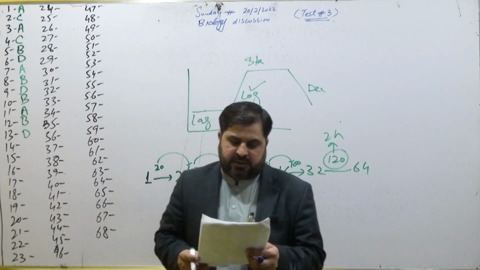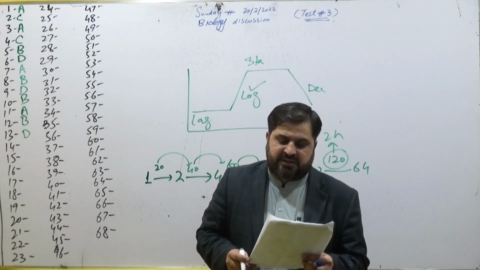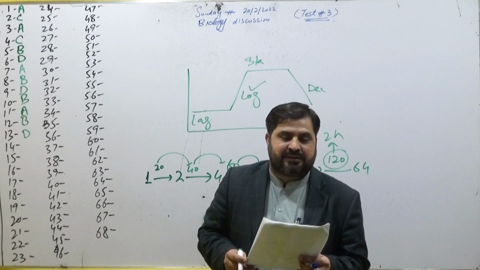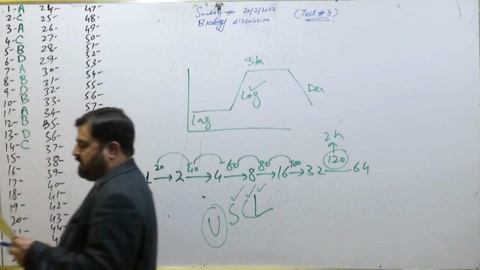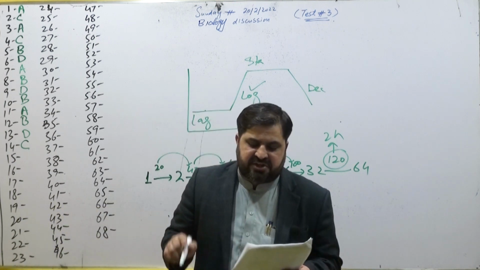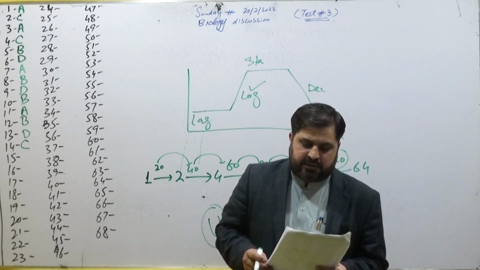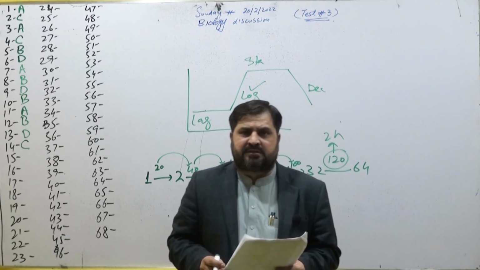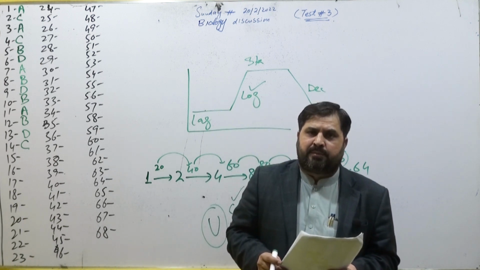Coming toward MCQ number 14: which one of the following physical methods is used for sterilization and separation of vaccines and enzymes? This process is called filtration, because desiccation, radiation, and heat treatment are not recommended for sterilization, since enzymes and vaccines are very sensitive to these things and may be denatured.